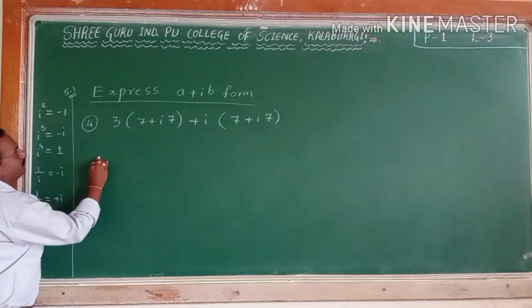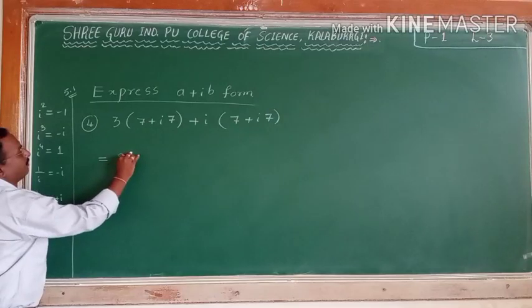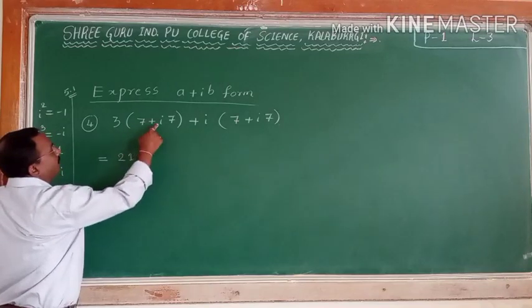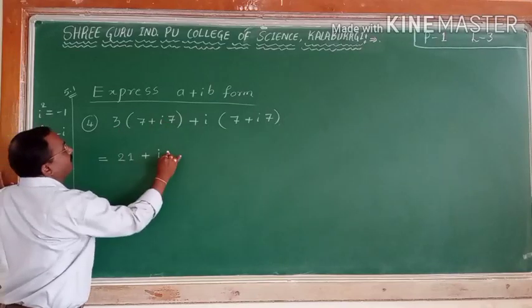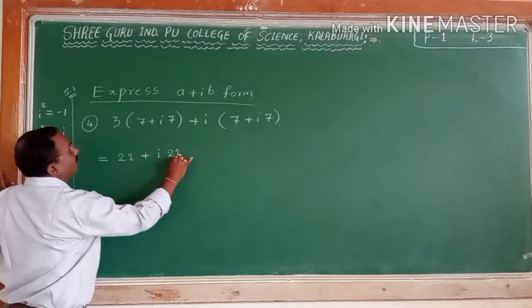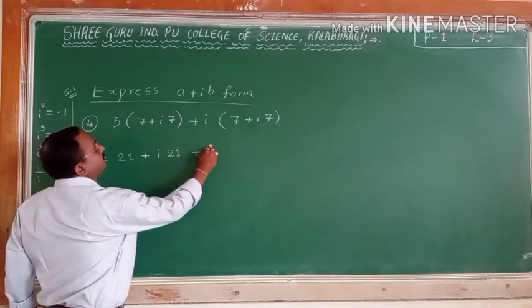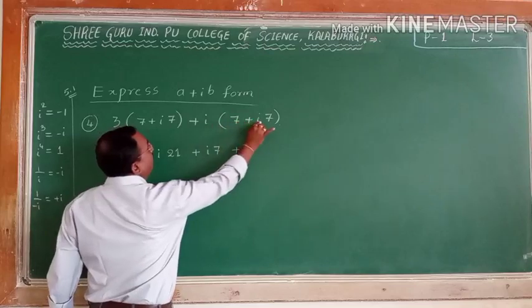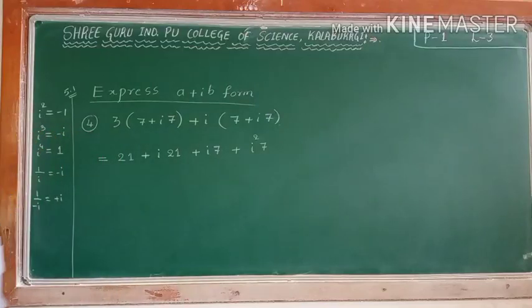That is 3 into 7, 21, plus i as it is. 3 into 7, 21, plus i as it is multiplied by 7 plus i into i square 7 as it is.